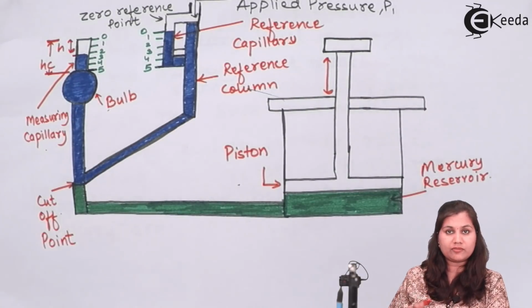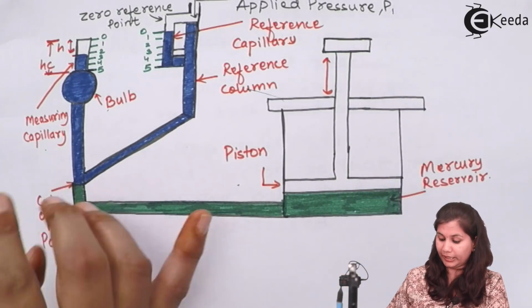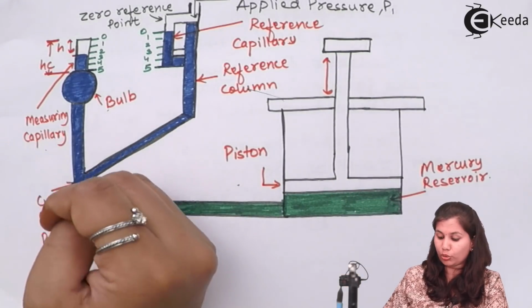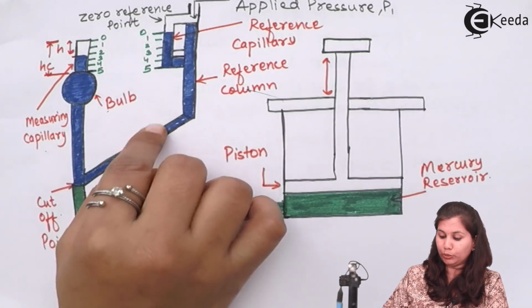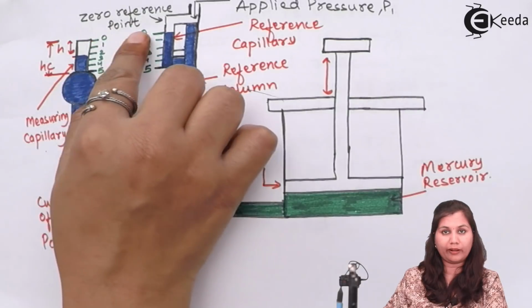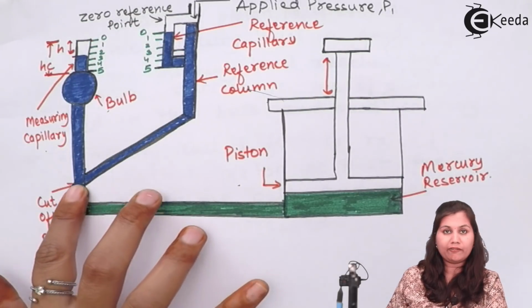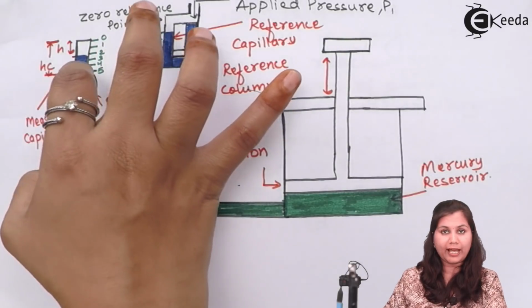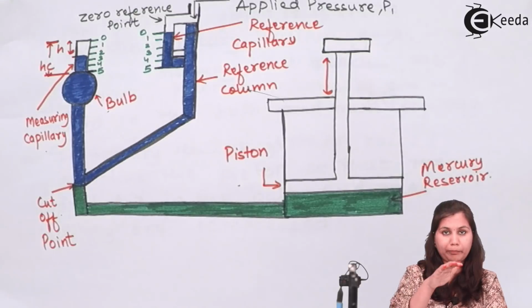Now again we start increasing the level of the mercury above this cutoff point until it reaches the zero reference point. So at that time, the volume of the gas present in the bulb and the measuring capillary starts compressing.